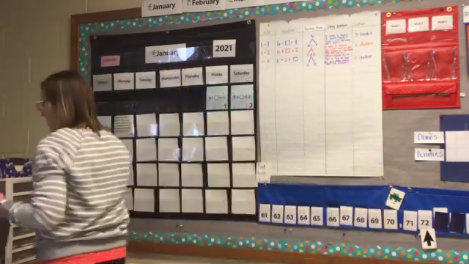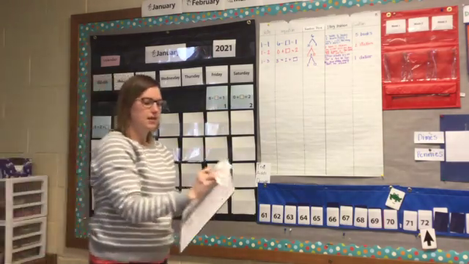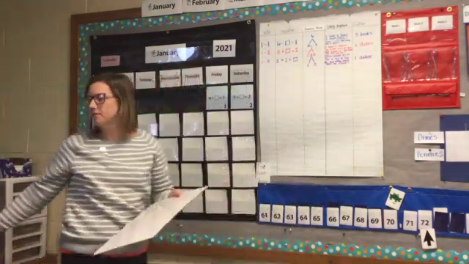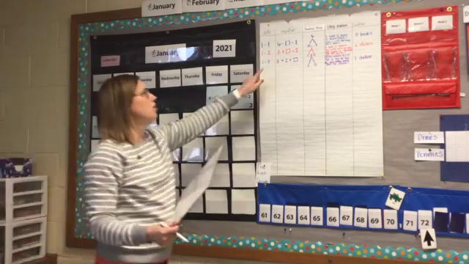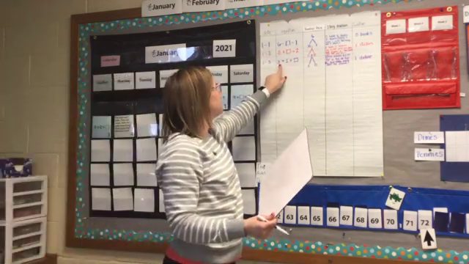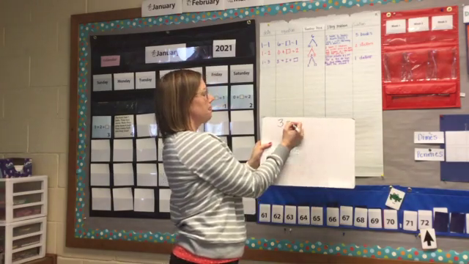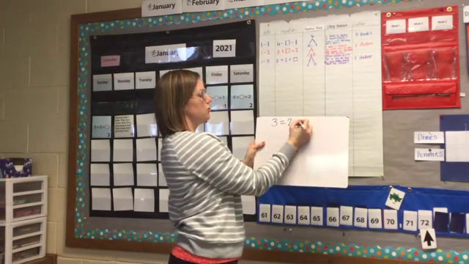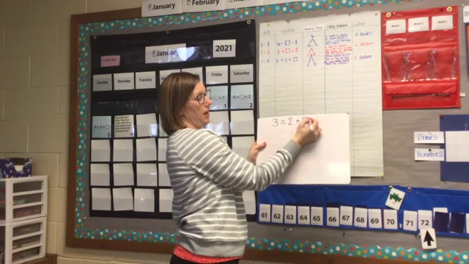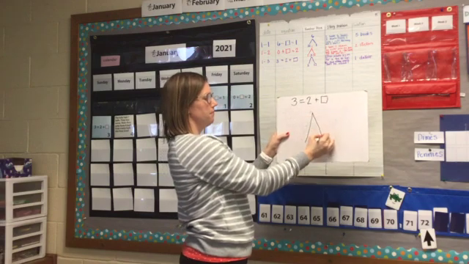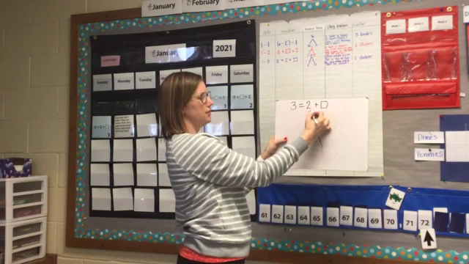Okay. Our third equation is again a little different. This time our equation starts with the total or the equal sign first. Okay. The equation is 3 equals 2 plus something. Okay. So when I make my number tree, I'm putting my total at the top.